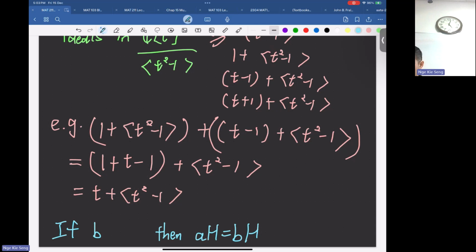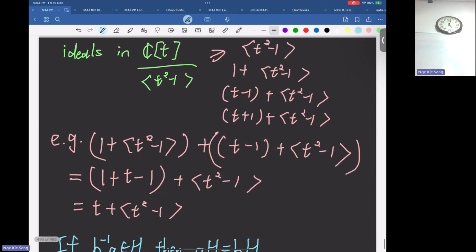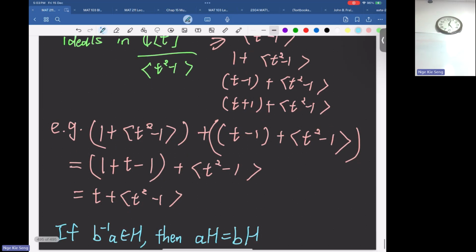If B inverse A is in H, then AH equals BH. Is it correct? Correct.